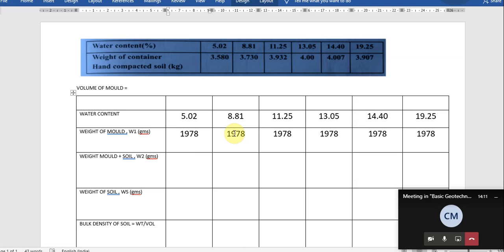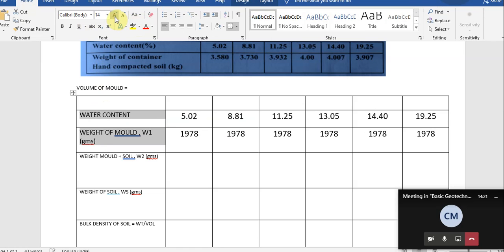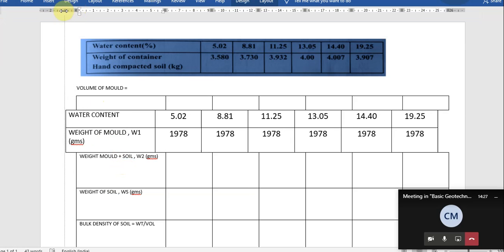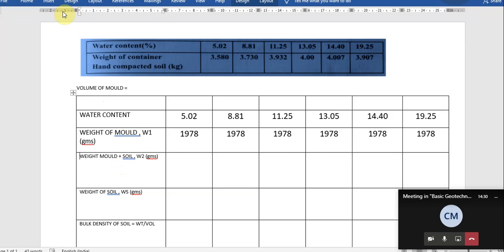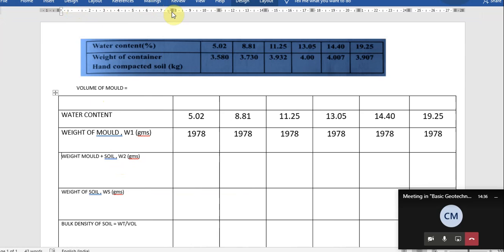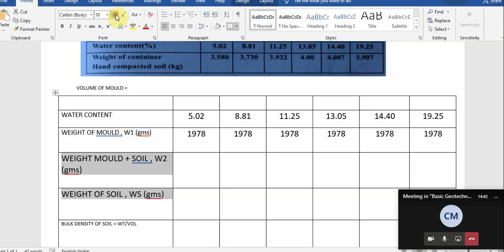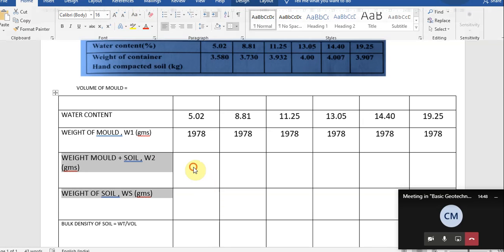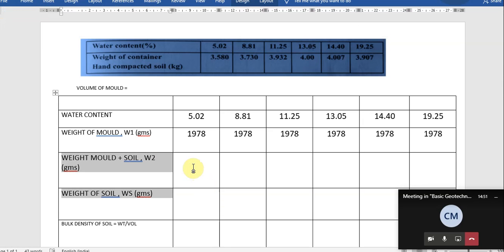Okay, have you drawn the table? Have you completed this part?